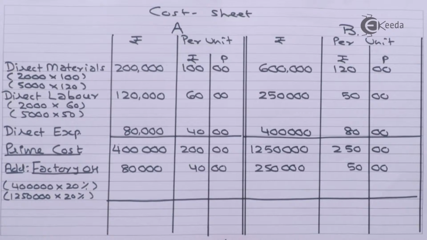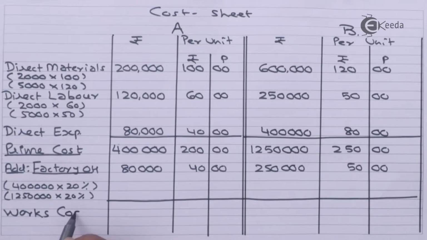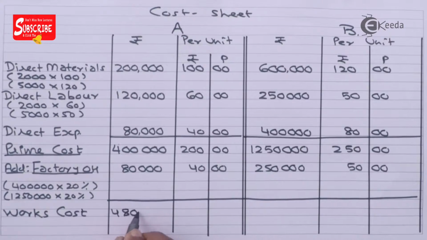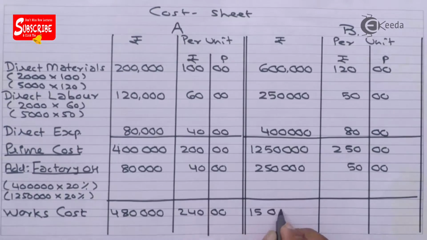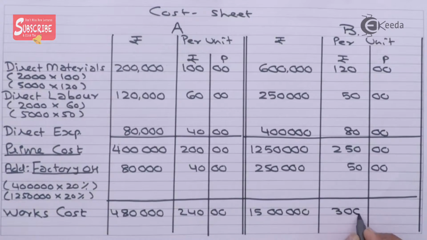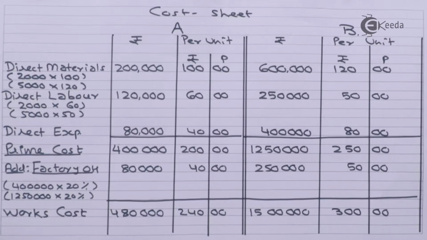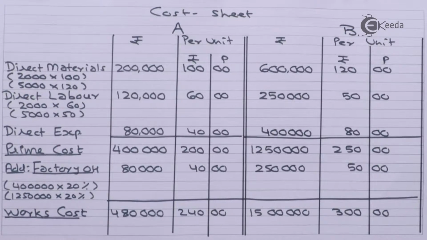Now we can arrive at works cost. Works cost in case of product A, 4,80,000, per unit 240. In case of product B, 15 lakhs, per unit it will be rupees 300. To works cost we are required to add office and administration overheads.